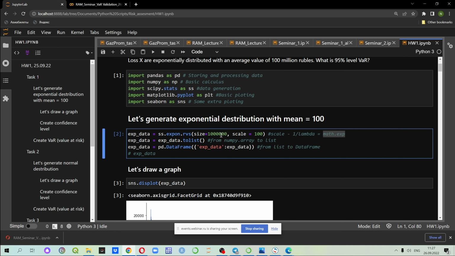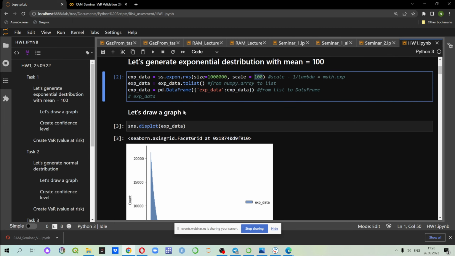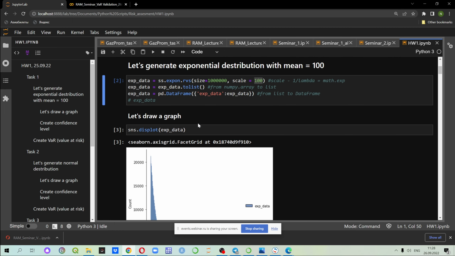So I took 1 million observations and put this parameter 100. I guess it could be done easier.